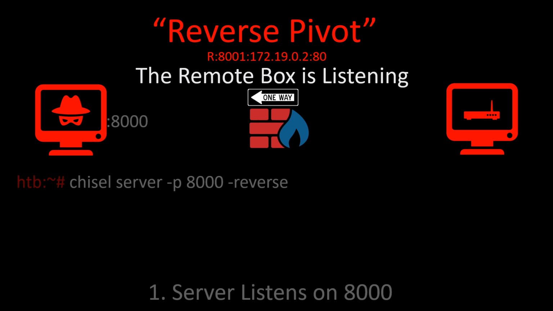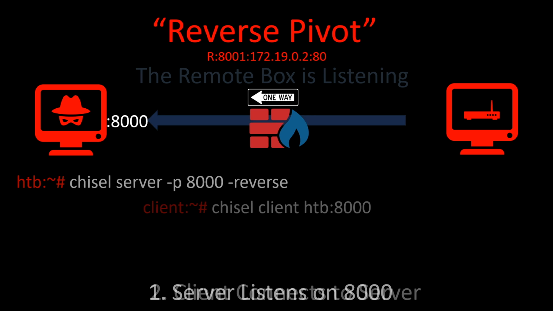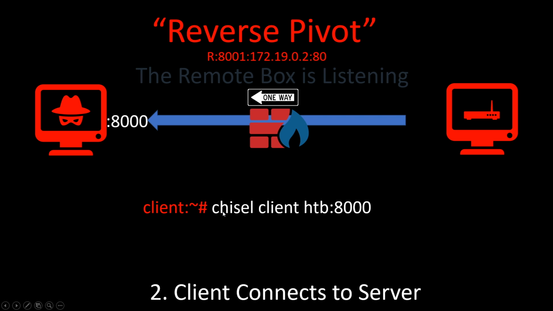So the very first thing we do is on RBox, or on the server end, the Kali box, whatever, we say, hey, Chisel, we are the server. We want to listen on port 8000, and we also want to allow reverse connections. And then we go over to the client and say, Chisel, we are the client, connect to our box on port 8000.